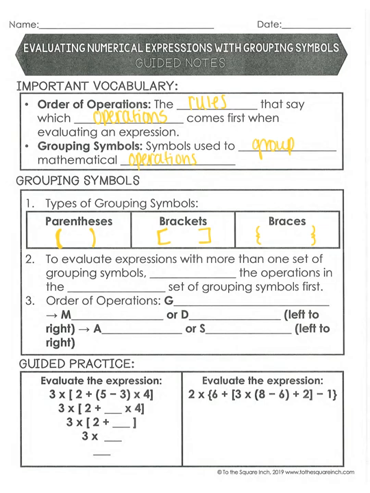Okay. So when you're evaluating expressions with more than one set of grouping symbols, you evaluate the operations in the smallest set of grouping symbols first.